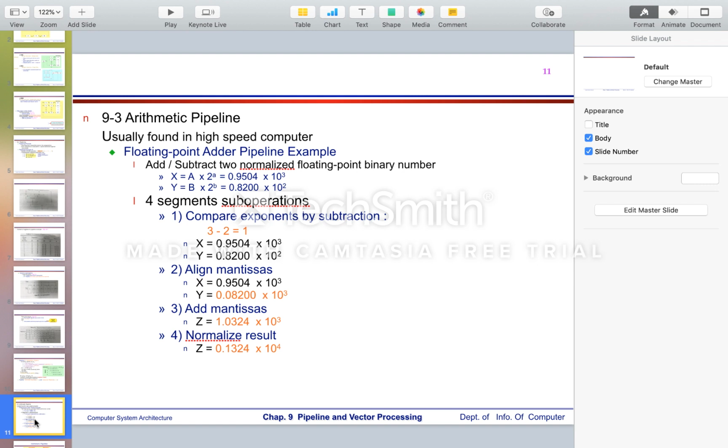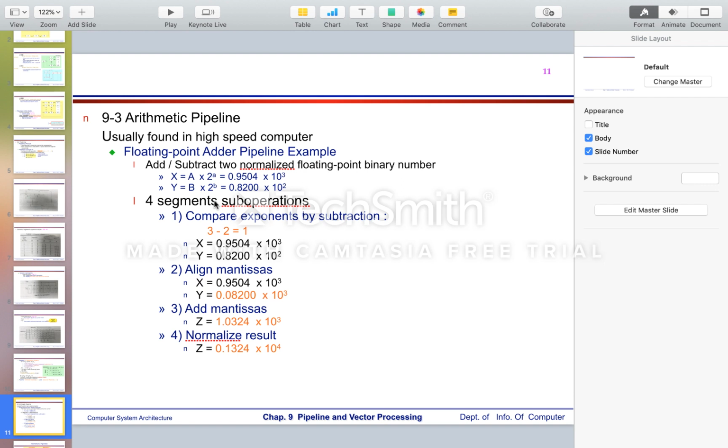In any pipelining we have to divide our task into sub operations, right? So first of all, let us see if we want to perform floating point addition pipelining between two normalized binary numbers. In general, let's say they are represented in this manner: x equal to a into 2 to the power a, and y equal to b into 2 to the power b.